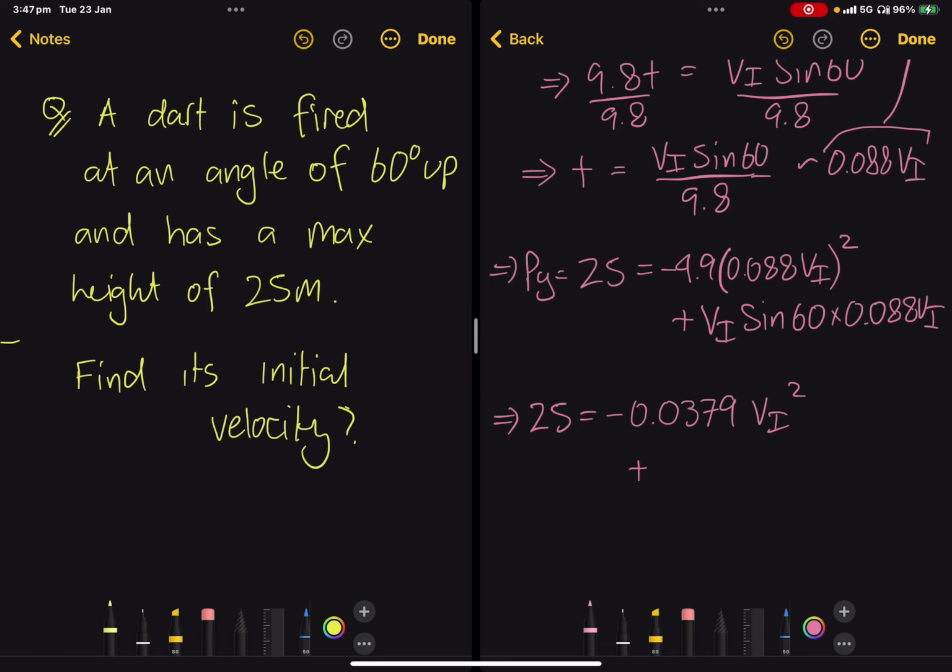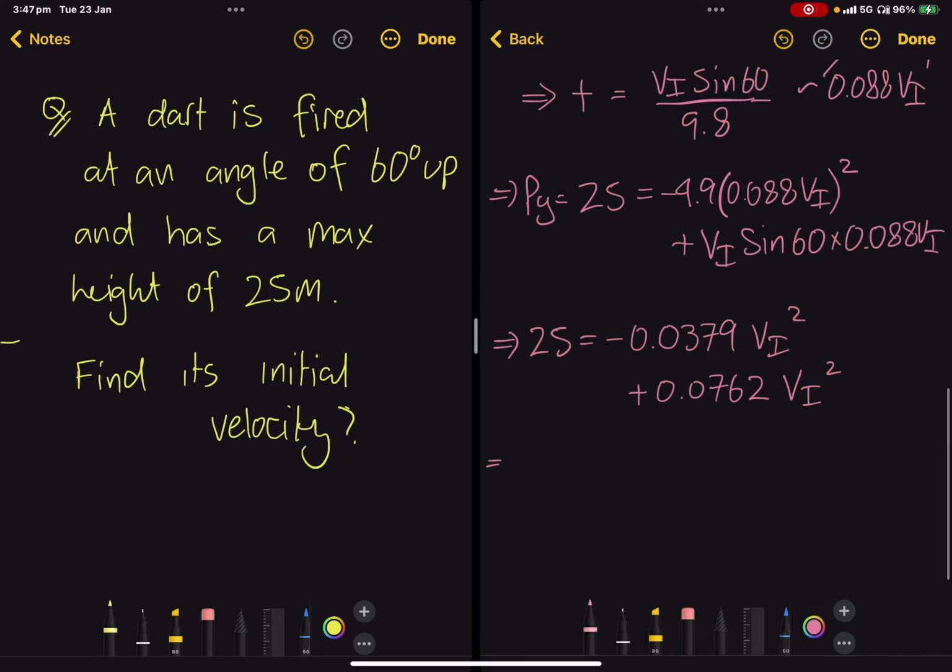This gives me 0.0762 vi squared. So now we have 25 is equal to the sum of these two terms.